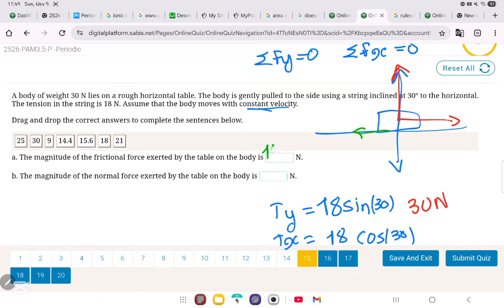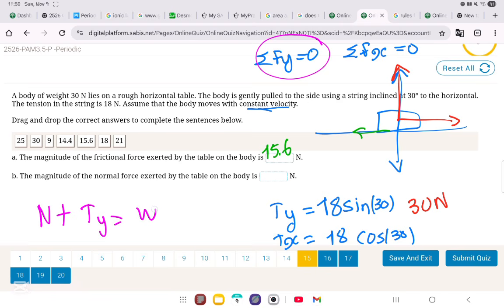For the second one, the magnitude of the normal force exerted by the table on the body. So what is the normal force exerted by the table on the body? We know, first of all, that everything up equals everything down because sigma Fy is 0. So N plus the tension Y is equal to the weight W, right?